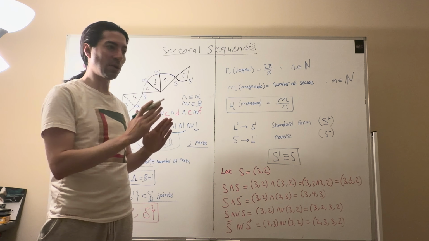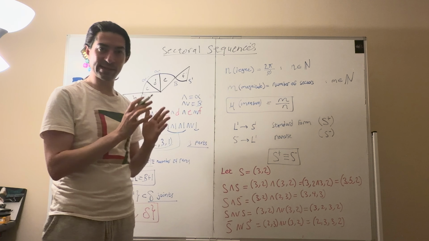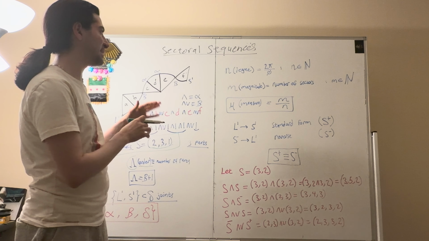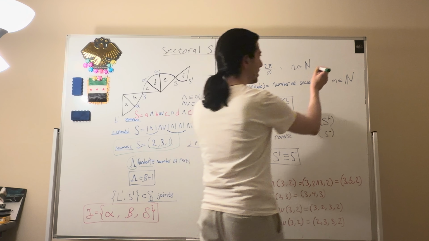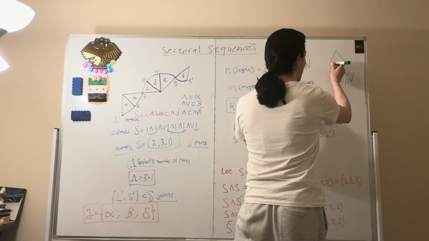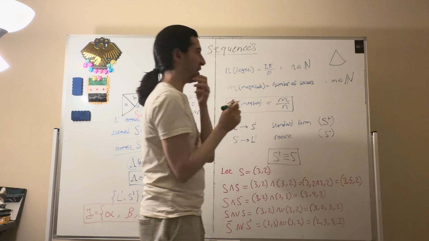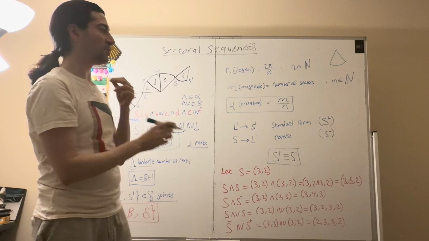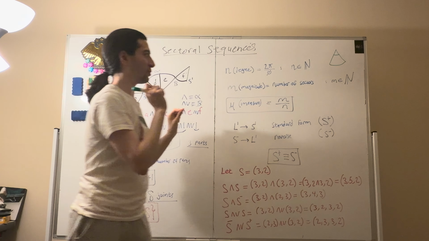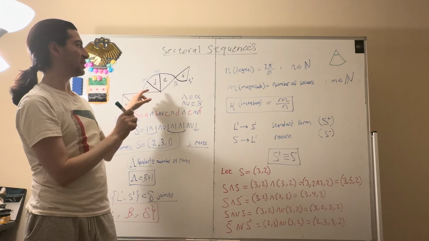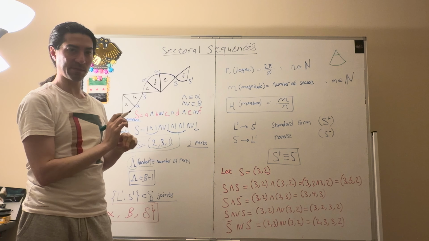So the degree of each sector is the same, and it is the same as the degree of the sectoral sequence. So in other words, if we recall, if we have a sector here, the degree of this sector, and we'll do a reminder what that means, is the same as the degree of the sectoral sequence.